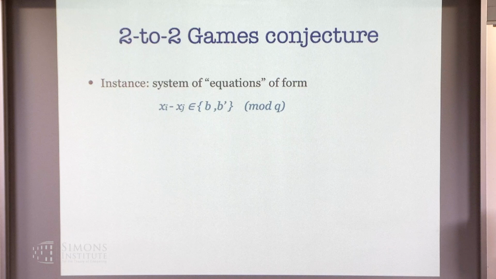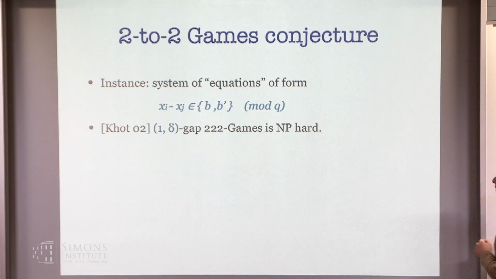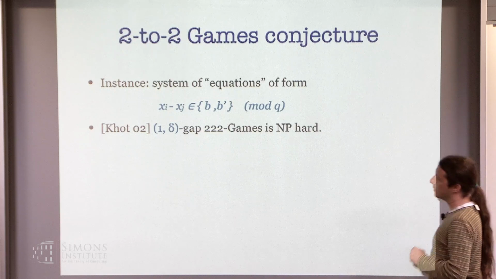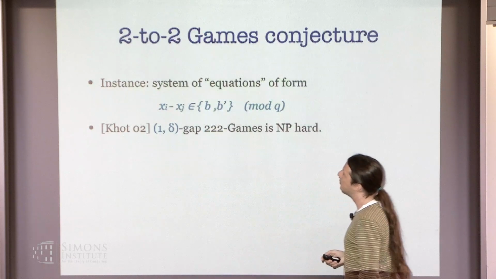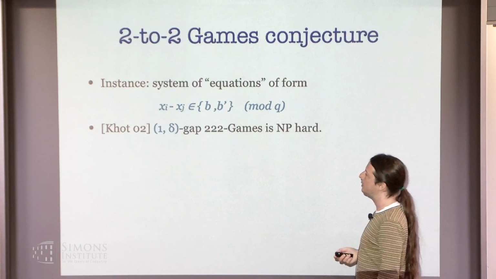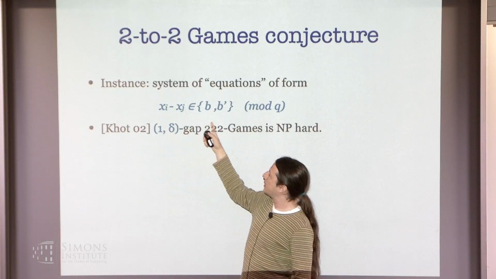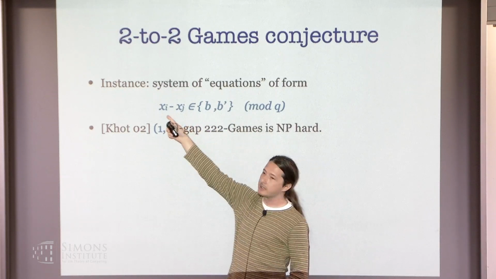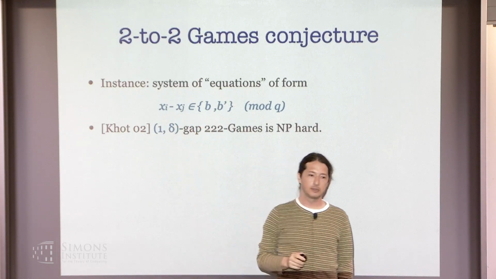So that's 2-to-2 games, and here I am cheating a little, but never mind. And in the same paper where Subhash stated the unique games conjecture, he also stated the 2-to-2 games conjecture, which is that it is NP-hard to distinguish if you can satisfy all of these constraints or you cannot satisfy even delta.